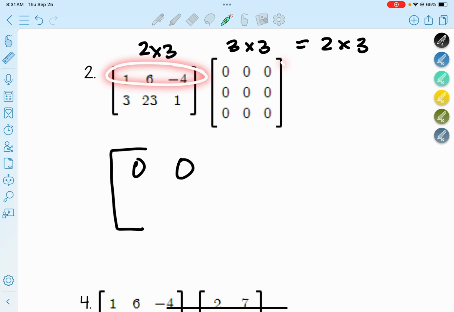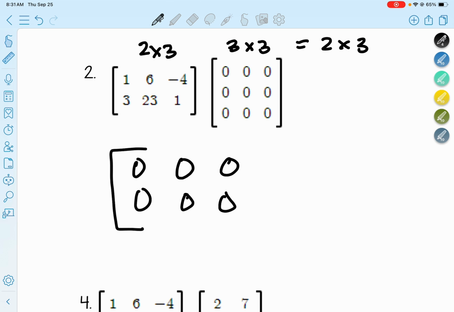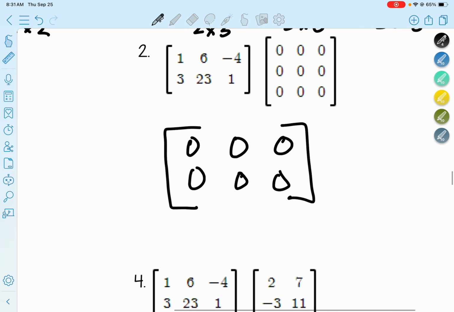Last one, I have first row, third column, 1 times 0 is 0, 6 times 0 is 0, negative 4 times 0 is 0. Then I've got bottom row, first column, 3 times 0 is 0, 23 times 0 is 0, 1 times 0 is 0. And then we're going to see this pattern repeats when I do the next 2 entries. So I'm just going to write 0, 0, and I go ahead and close that matrix.